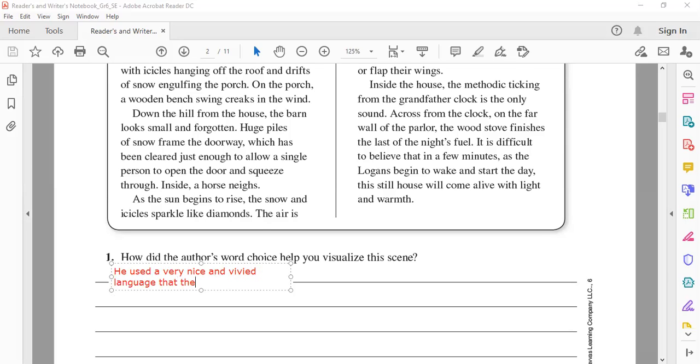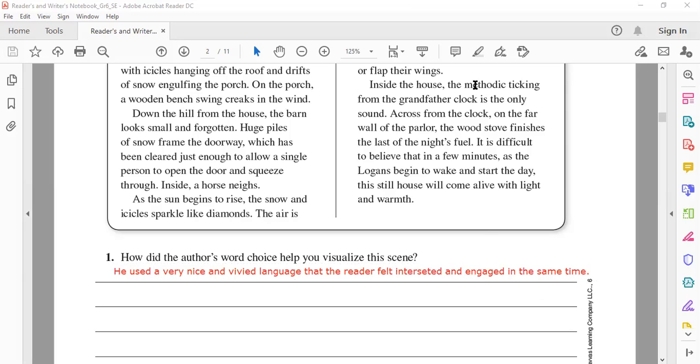How do you feel as a reader? Interesting. That the reader felt interested and engaged at the same time. Okay, this is for the first one.